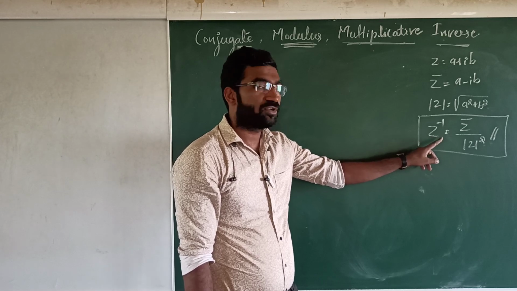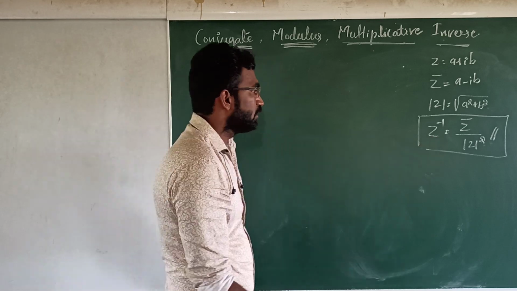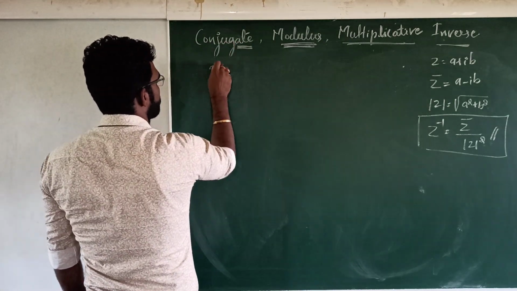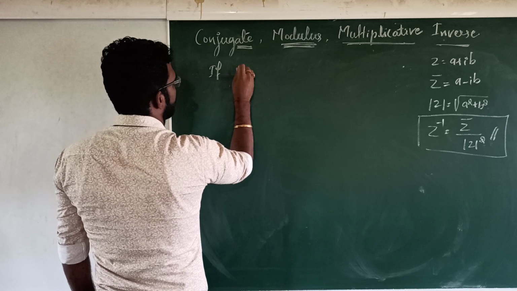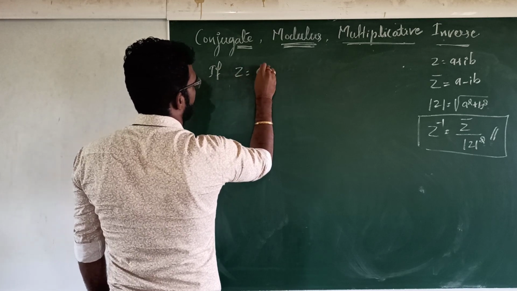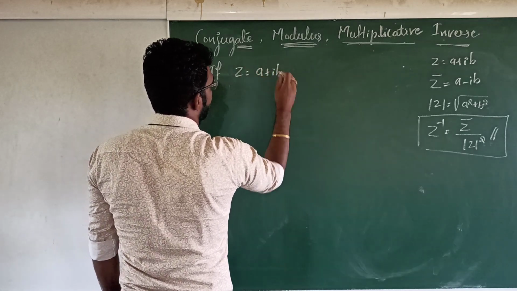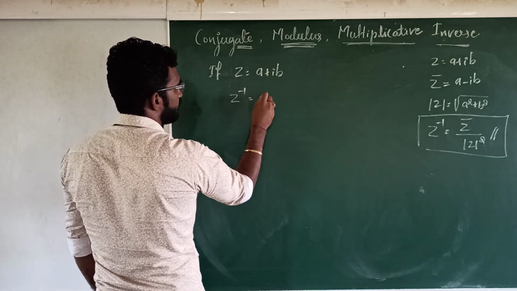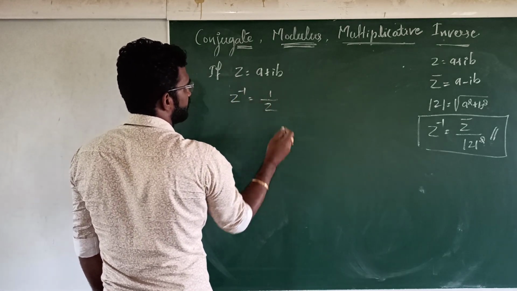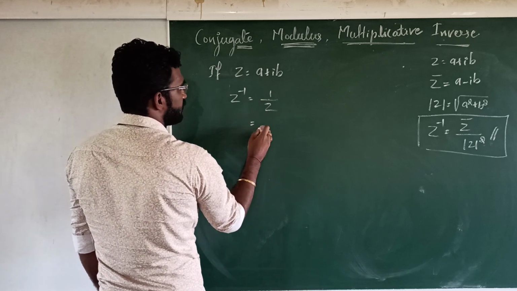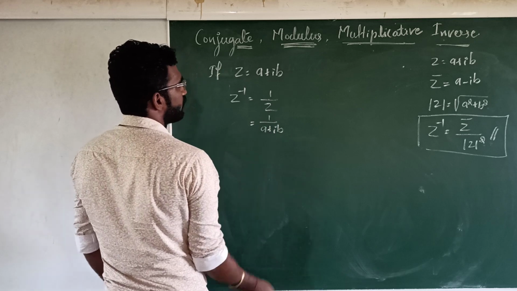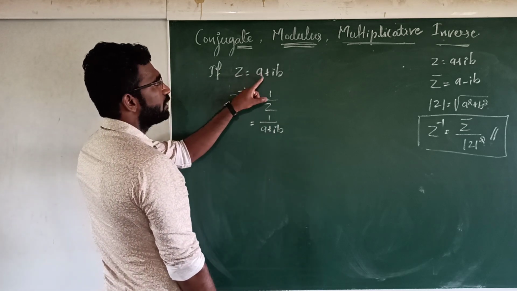So now I am going to show you how this came. If z equals a plus ib, then z inverse can be written as 1 divided by z. 1 divided by z is 1 divided by a plus ib, because we know that z equals a plus ib.